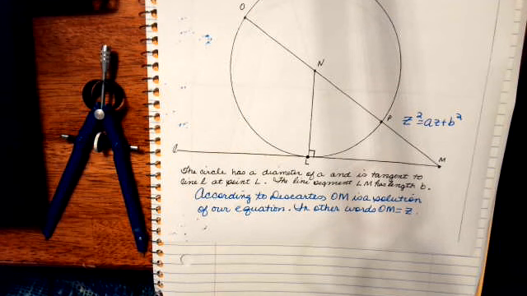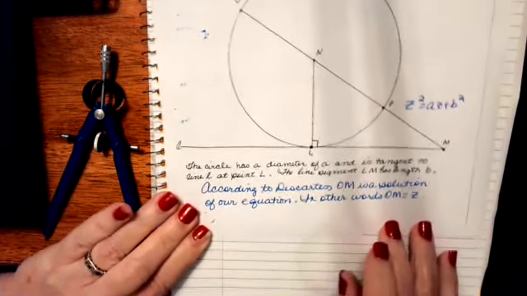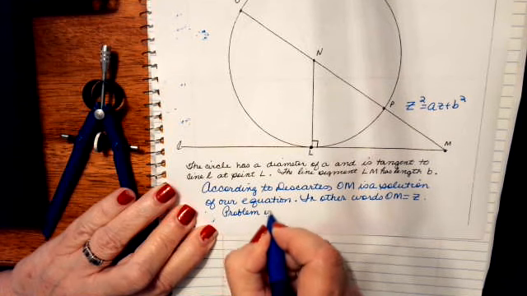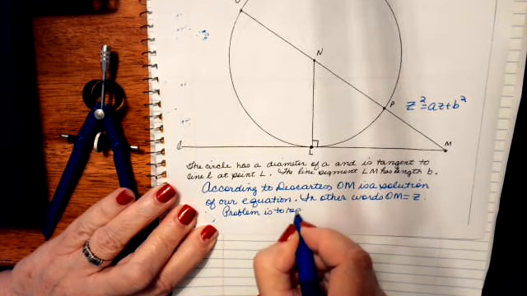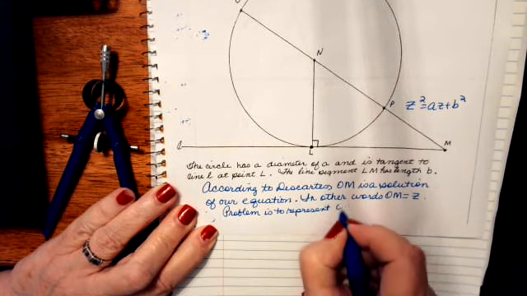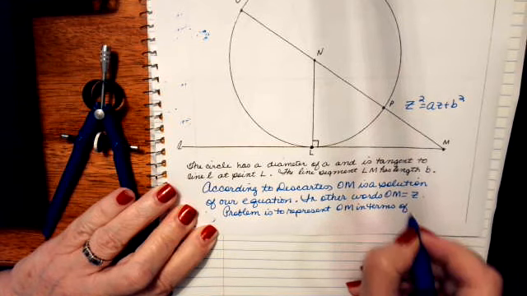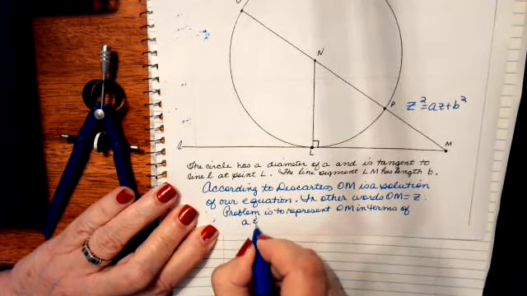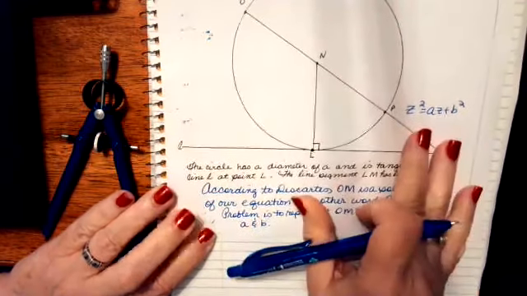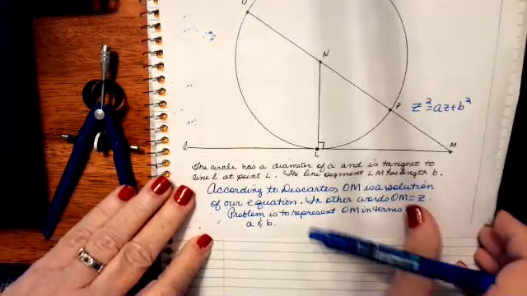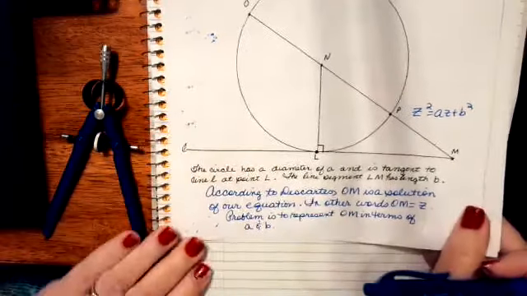So I need to figure out a way to represent OM in terms of A and B. So the problem is to represent OM in terms of A and B, just using what I did from my construction. I'm going to have to do that on this other page and refer back to my picture every now and then.